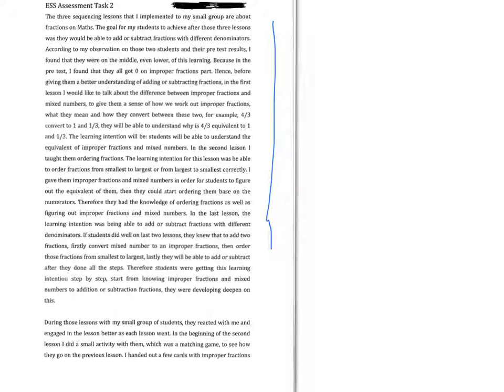I'm finding it very difficult to really glean what the sequence of lessons was until right at the very end of the paragraph down here. She finally gets around to making it clearer. Her use of language in the earlier part of the report is not as clear as it should or could be.